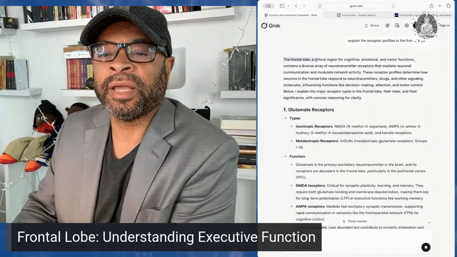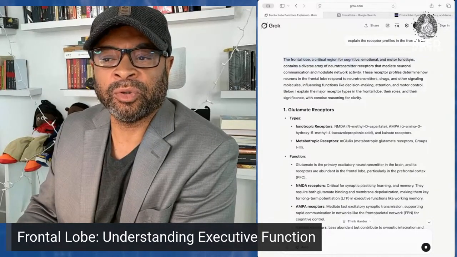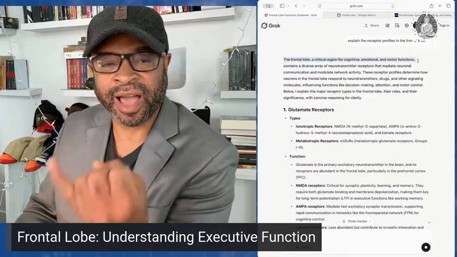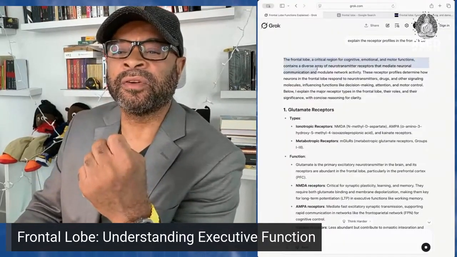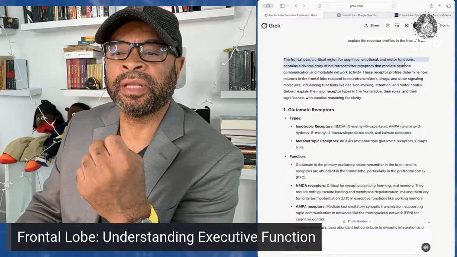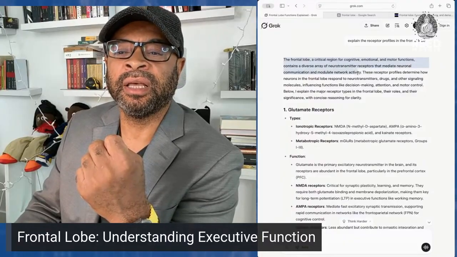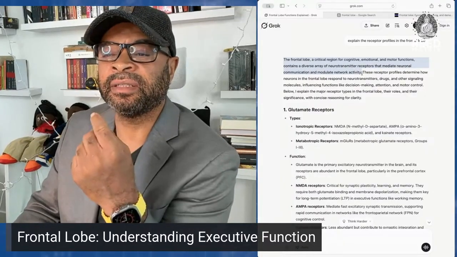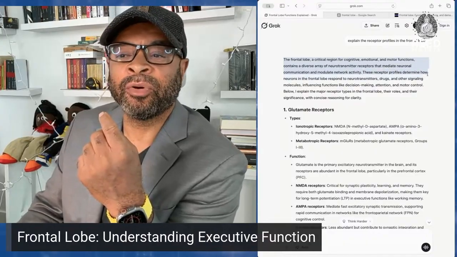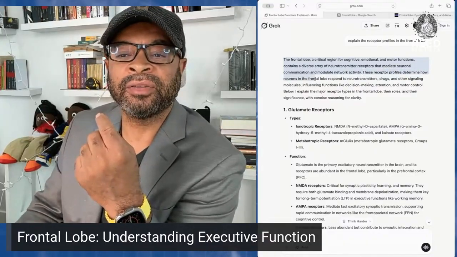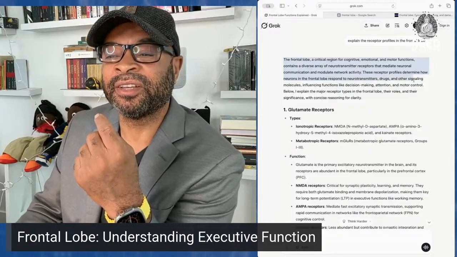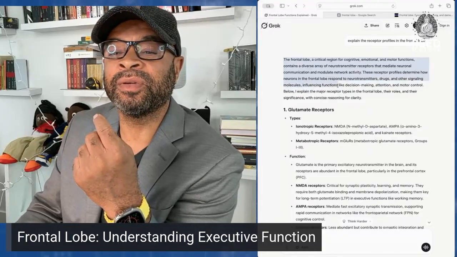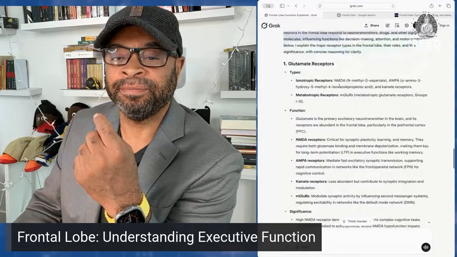The frontal lobe, a critical region for cognitive, emotional, and motor functions, contains a diverse array of neurotransmitter receptors that mediate neuronal communication and modulate network activity. These receptor profiles determine how neurons in the frontal lobe respond to neurotransmitters, right? Drugs and other signaling molecules influence the function, right?